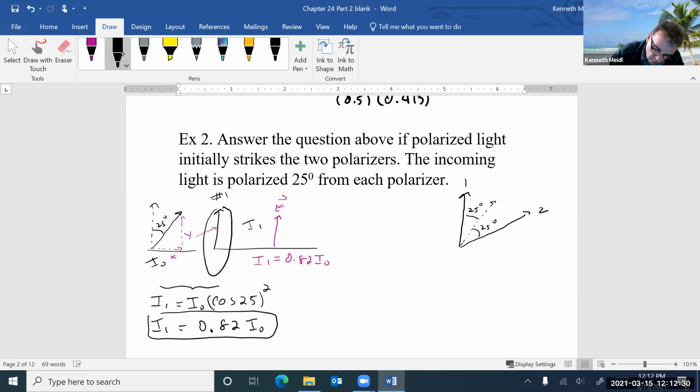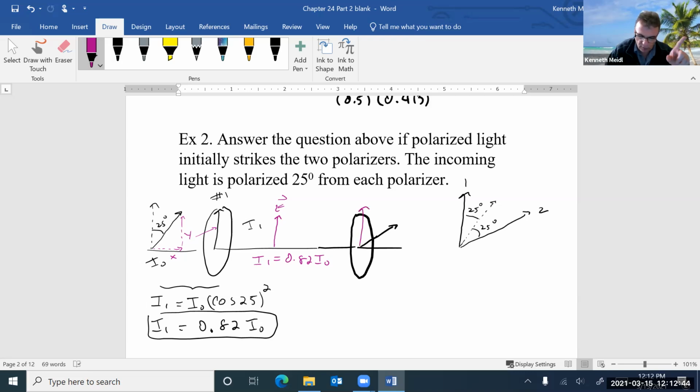Then you hit the second polarizer, and the second polarizer is oriented like that. And what you've got is light that's coming in like this, right? So how far apart are those two? Well, it seems like these two vectors are 50 degrees apart, because here's the component that survives the first polarizer, and now you've got a second polarizer with a different orientation. So I2 is going to be I1 times the cosine squared of the angle between them.